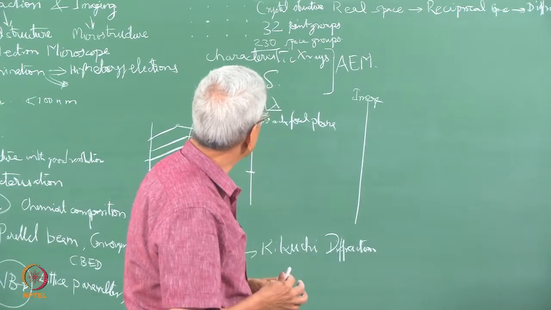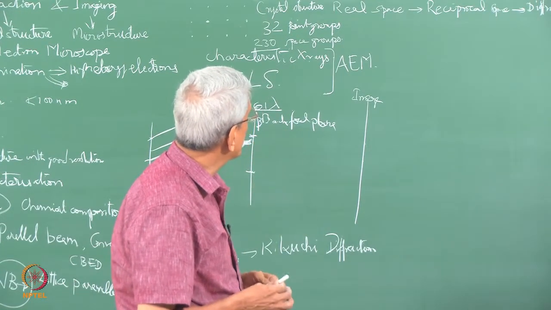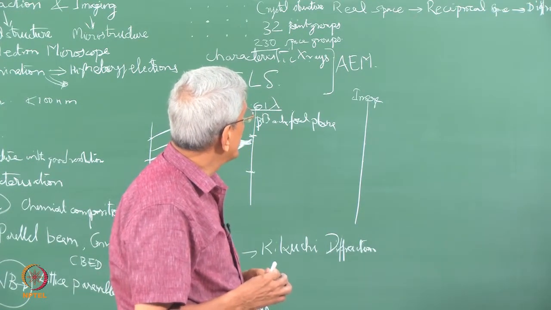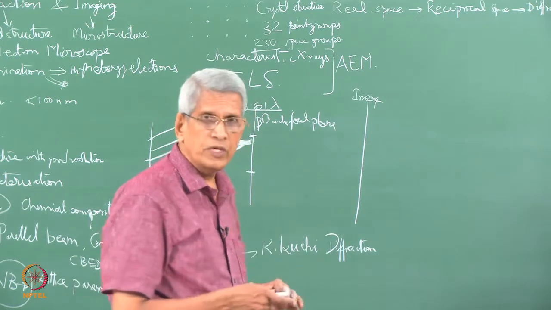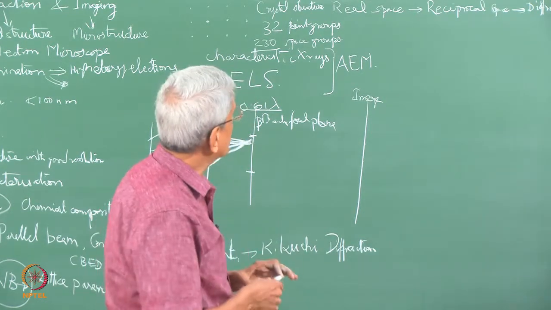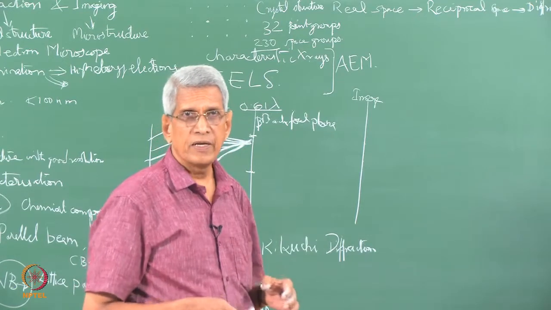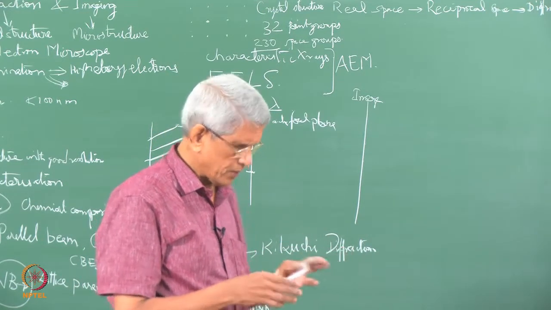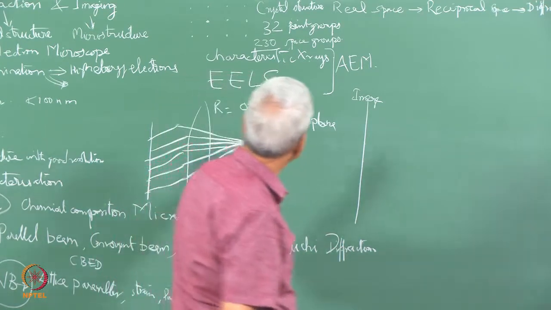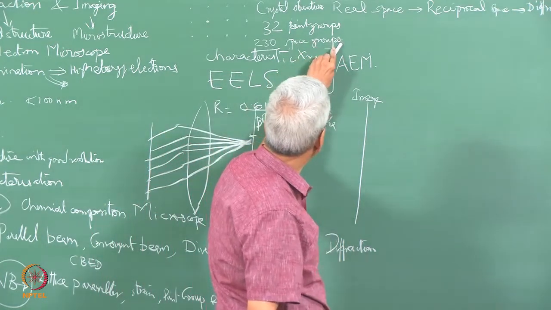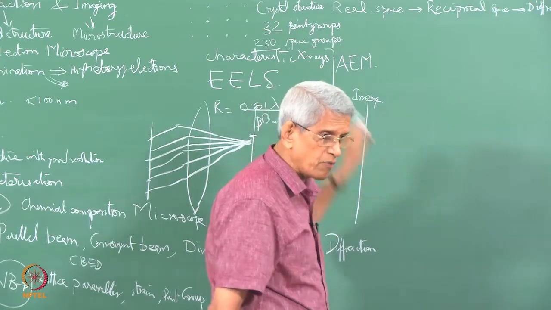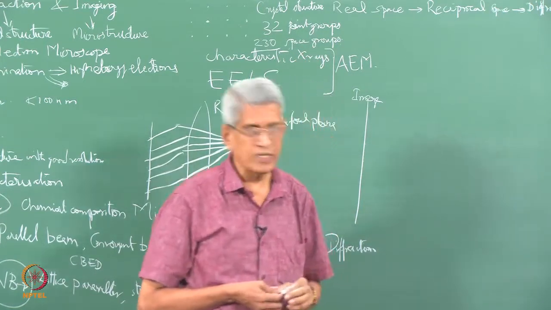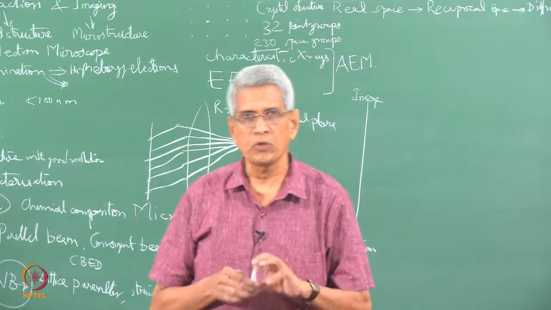That depends upon the conditions which are called the extinction conditions: what are the types of reflections which will be present, or the reflections which will be absent, which are the reflections which are going to be fundamentals, and which are the reflections in the case of ordered alloys which are going to be superlattice.